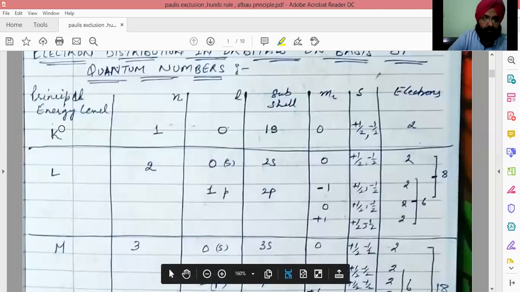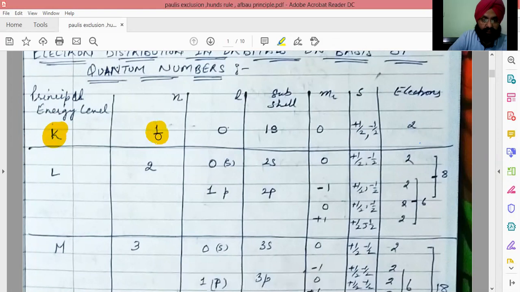Like here we take principal shell K, which is designated as 1, and L has value 0 for this. So subshell will be 1s. S comes from 0. Subshell name is 1s. So one orbital, one orientation, two spins, plus half, minus half. So the maximum number of electrons in K is equal to 2.